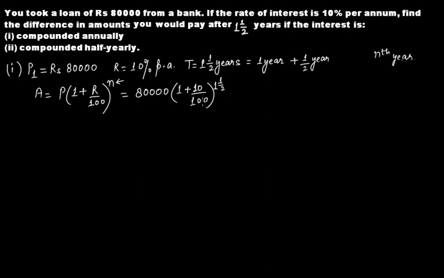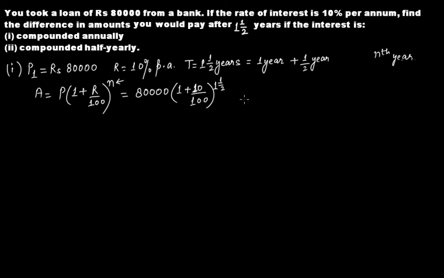Now if you try to calculate this, it will be very difficult, because here you have the exponent as 1.5. So it's really difficult to solve this. Then how to solve this problem? What we will do is break this calculation into two parts, and I'll show you how.